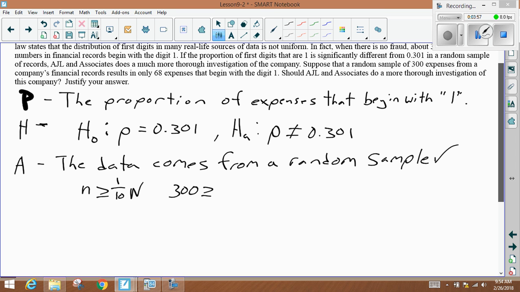Do we think that that's larger than 1/10 of all of their records? Yeah.